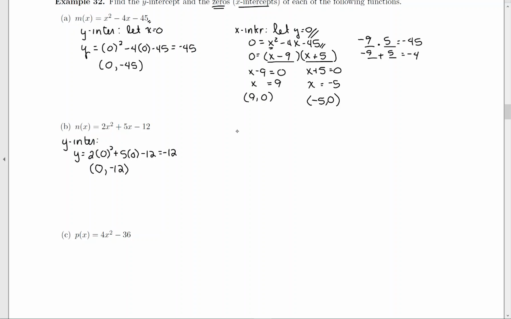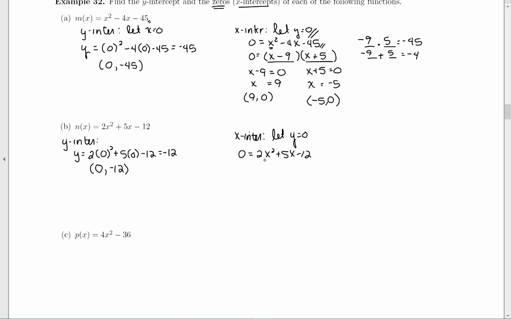To find the x-intercepts, all right, we're going to let y equal 0. So if I let y equal 0, I have 2x squared plus 5x minus 12. Now this one's a little more complicated in trying to solve for x because we have the number 2 in front of that x squared term.